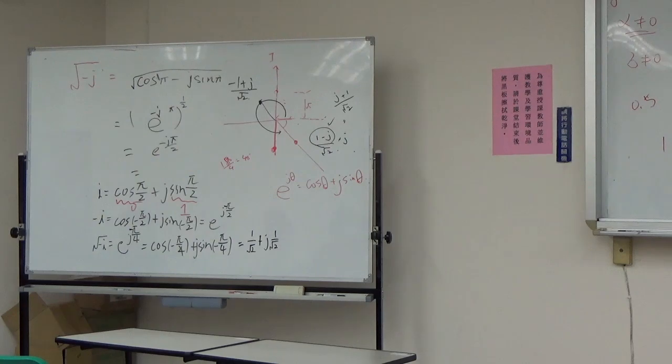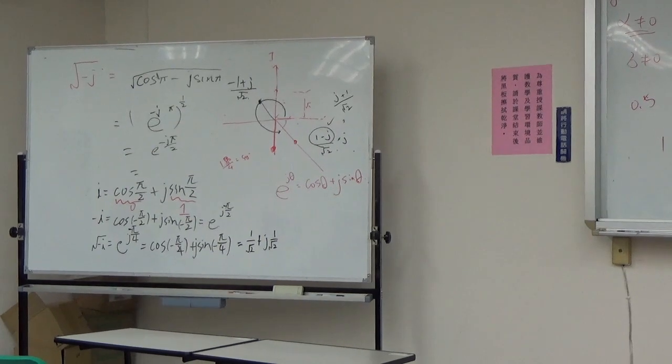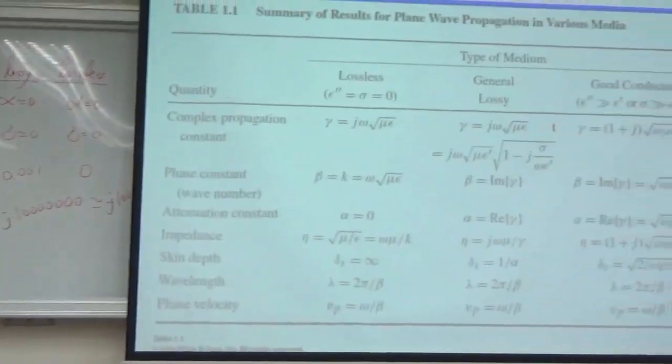Okay, so finally we will have a table 1.1. So you guys still 1.1, or we have different versions of the textbook? Check your textbook, the same one. Is that table 1.1? Right? Did you see the table 1.1?